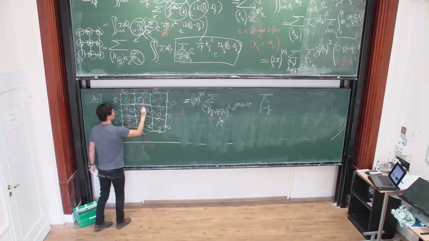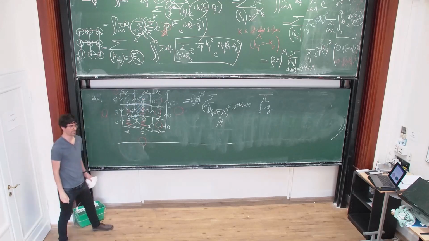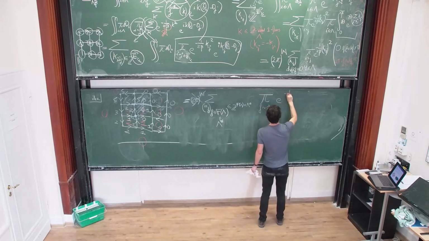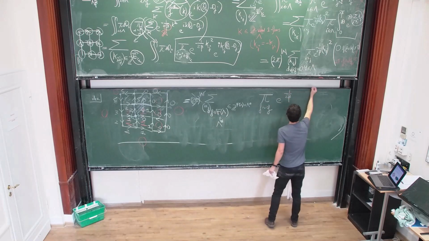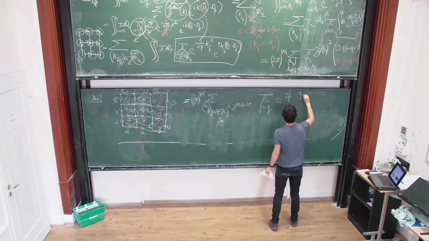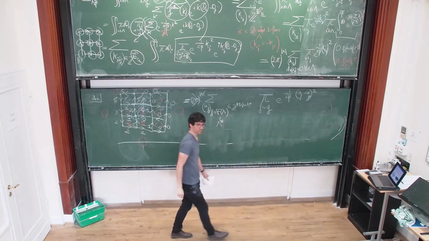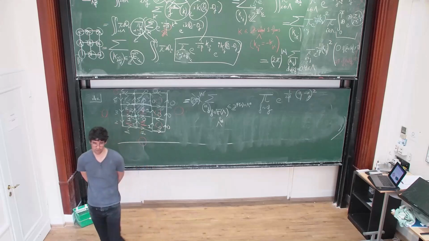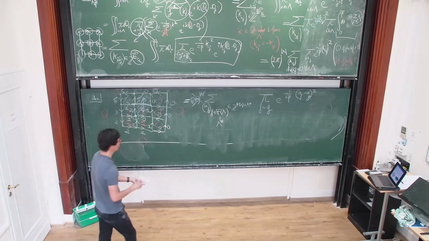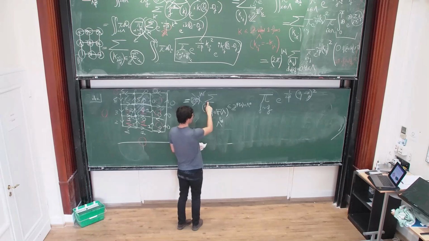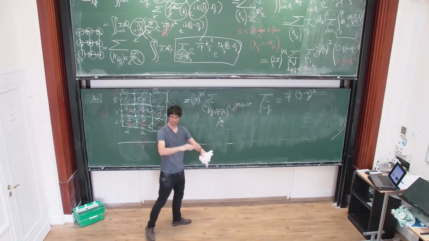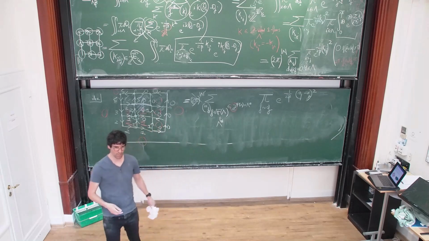It's the same as the product of those orthogonal interactions of e to the minus 1 over 2 beta, n of F minus n of G squared. And now this looks exactly like a Gaussian free field. The only difference is that I don't have an integral, I have a sum. And my fields don't live in R to the power of all the places where they have a value, but they are in Z.